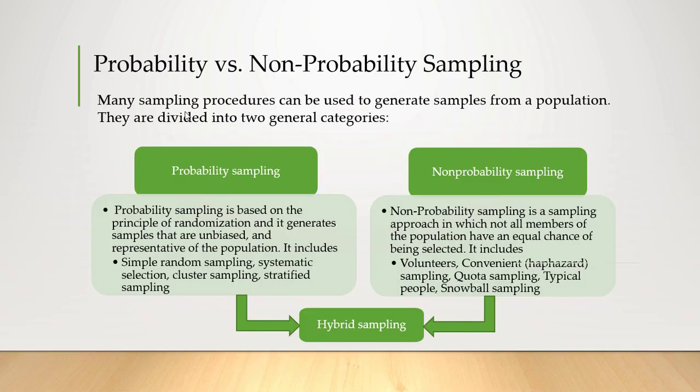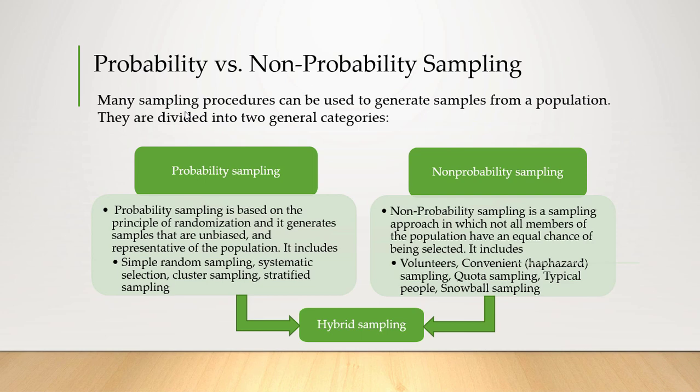There are many different sampling procedures. They are divided into two categories. The first category is called probability sampling. Probability sampling procedures are attractive because the resulting samples can be unbiased and are more likely to be representative of the populations. The second category is non-probability sampling.